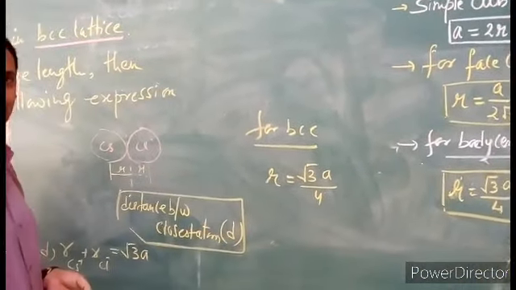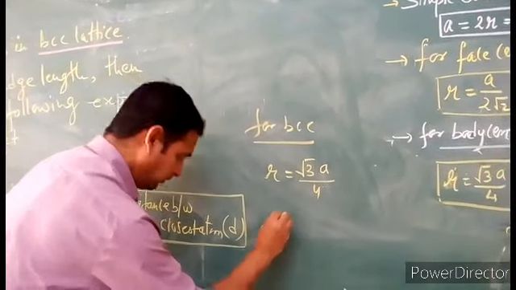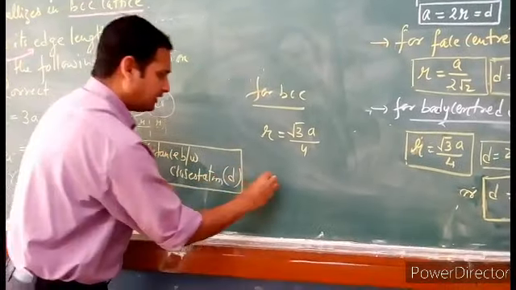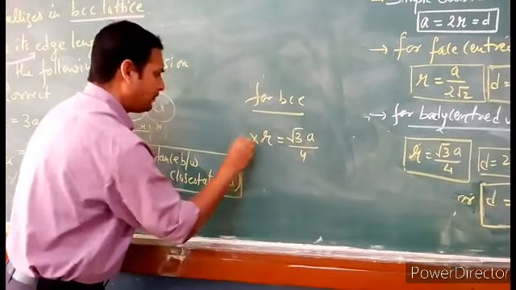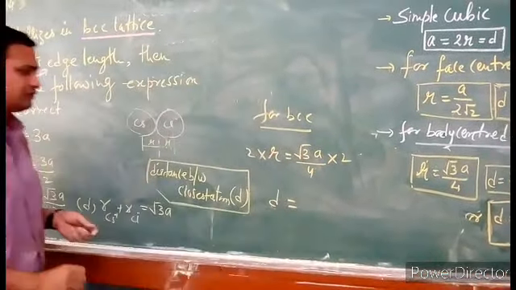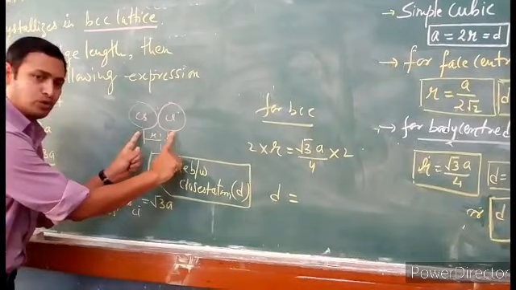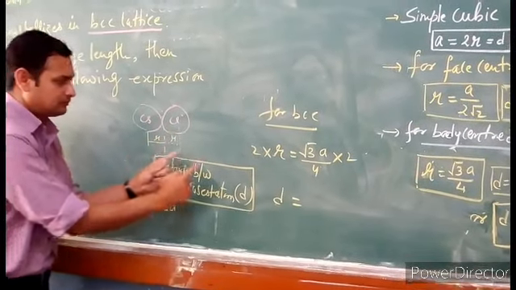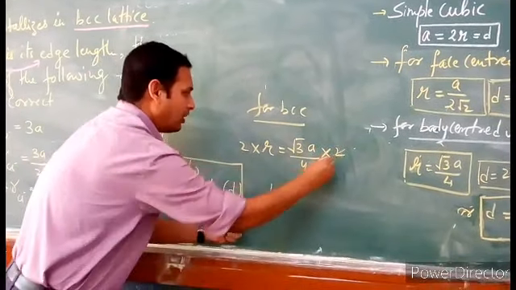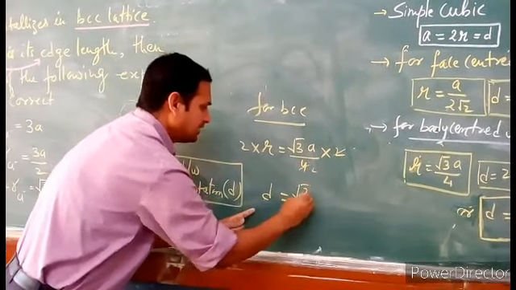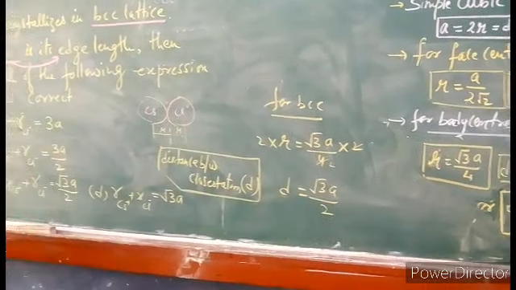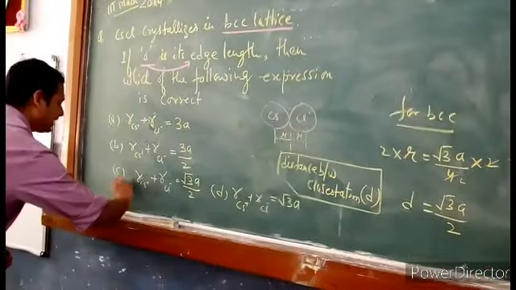And double of radius will be the distance of closest approach between cesium and chlorine. It will be 2r, which comes to root 3A by 2. So where is root 3A by 2? This one. So C is the correct answer.